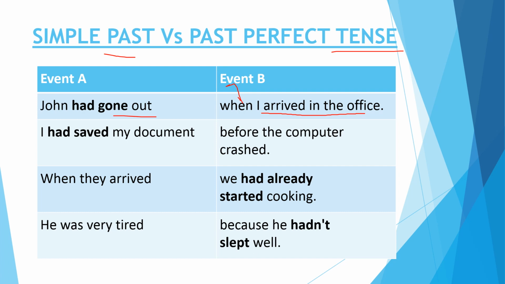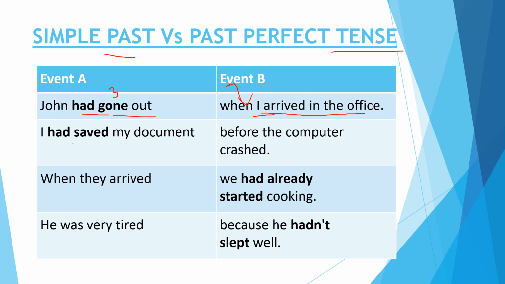For the earlier event we have used had gone, had and the third form of the verb. This is the past perfect tense. And I arrived is the simple past.